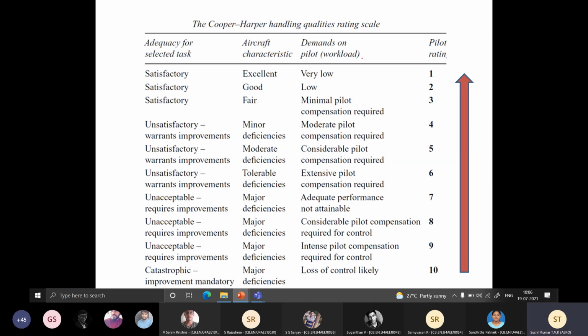So it's a scale between 1 to 10. 1 means the response is excellent, and 10 indicates that it's having major deficiencies. So whenever you talk to a test pilot, he will always keep talking in terms of this Cooper Harper handling qualities.